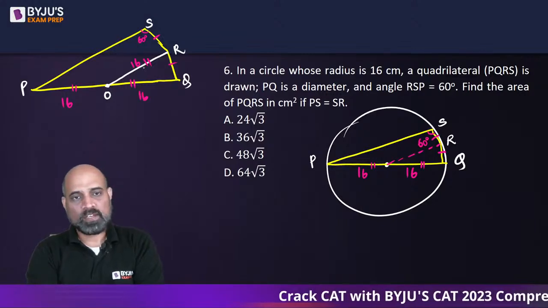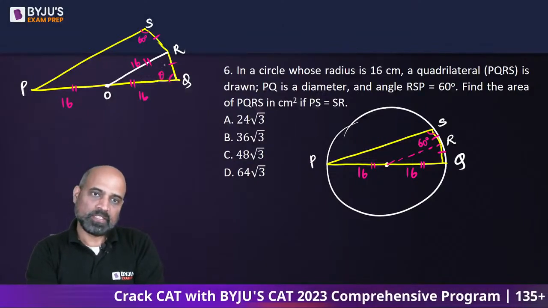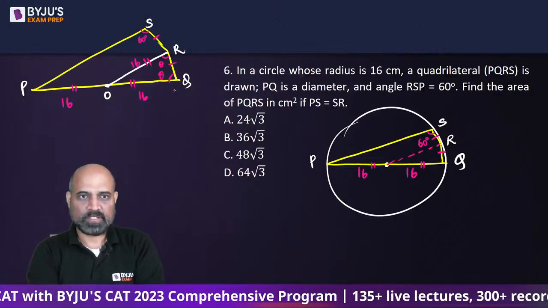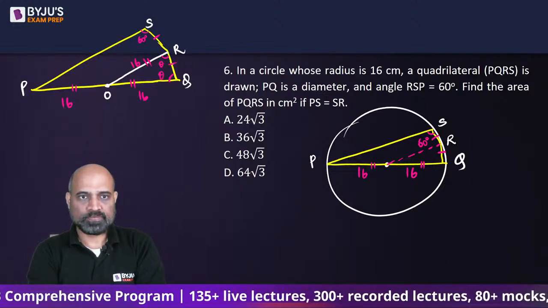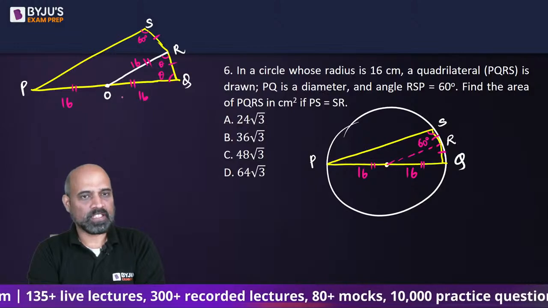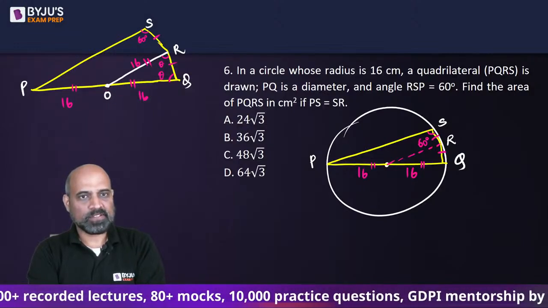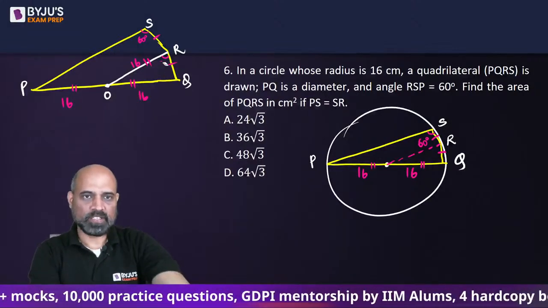Hmm. So if this angle is going to be theta, this angle is going to be theta, because we don't know the length of QR, right? So this turns out to be 2 theta, but this is not cyclic in any way. And whatever, okay, let's not go by angles because we need the area.